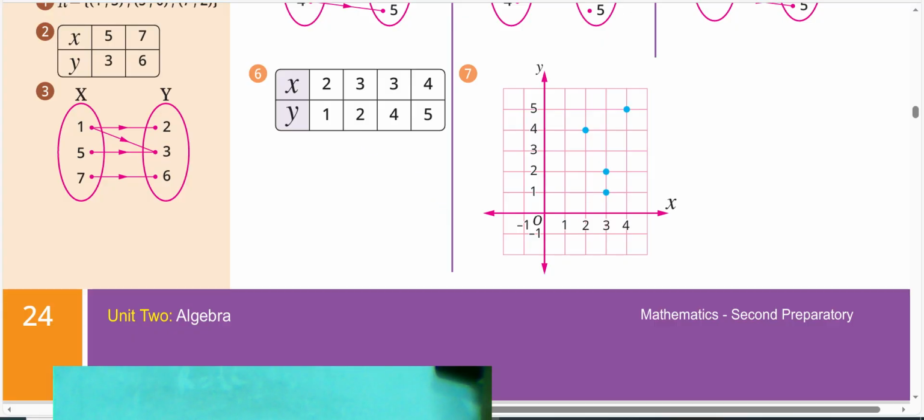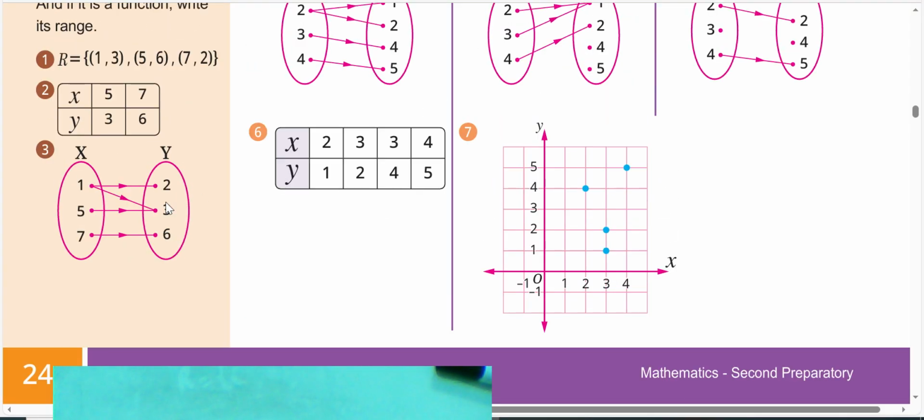Number 6, a table: we have 2, 3, 3, 4, not a function, because the element 3 has 2 images in the table. Question number 7, not a function, because 3 has 2 images on the vertical line. Look, there is a vertical line, we have 2 images here, this is not a function.